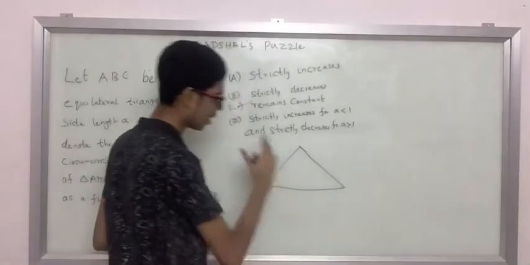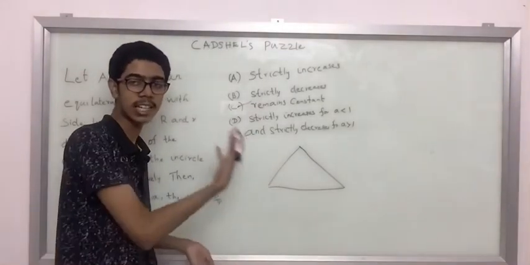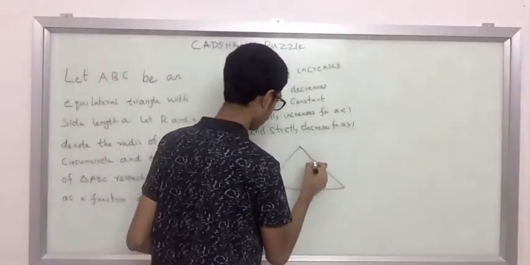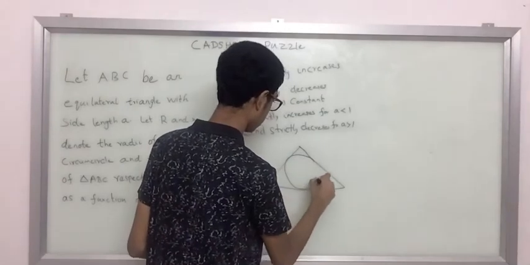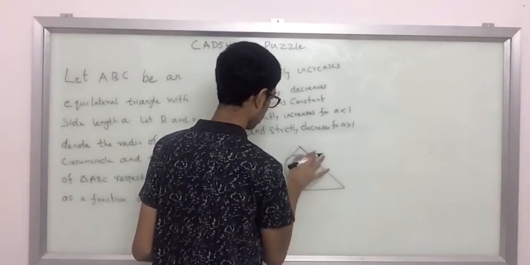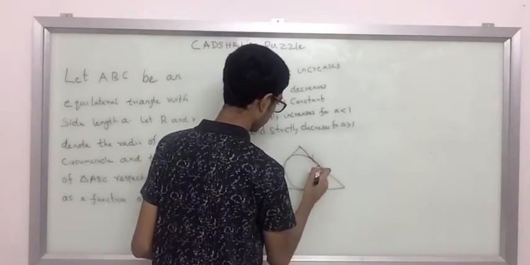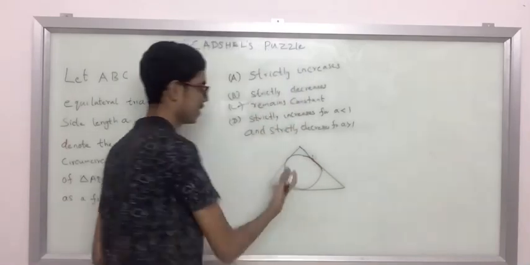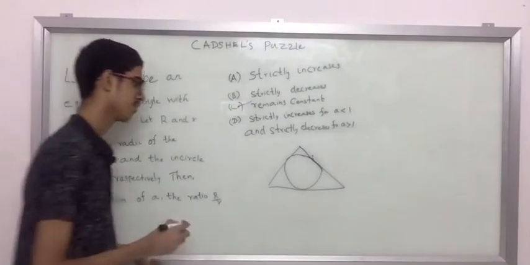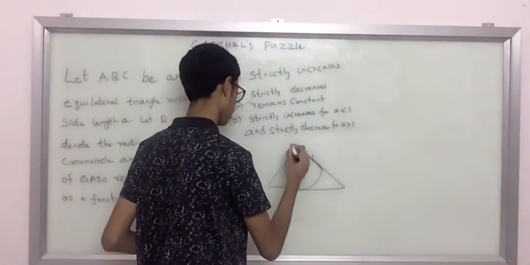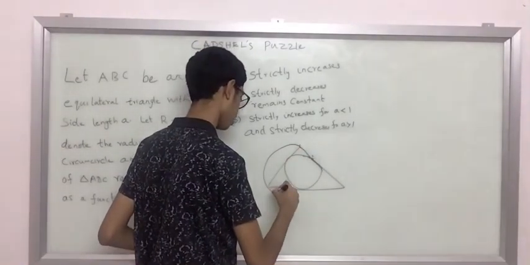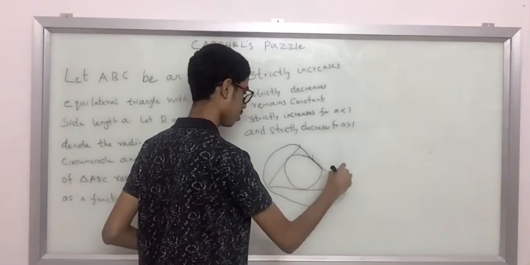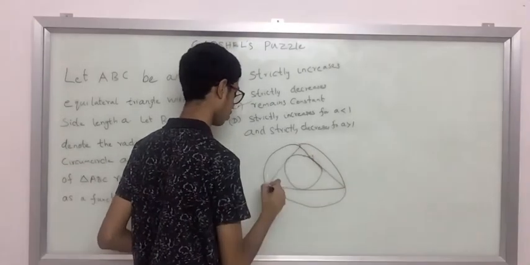Think of this as an equilateral triangle, not an isosceles, equilateral. Why construct circles? Think of this as an incircle and this as a circumcircle.